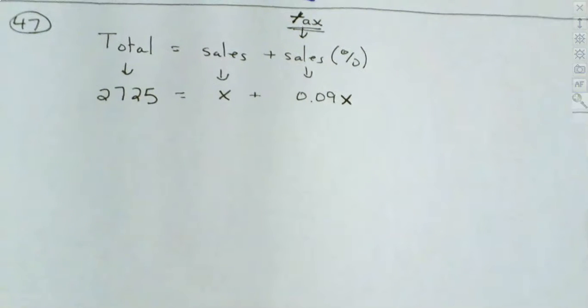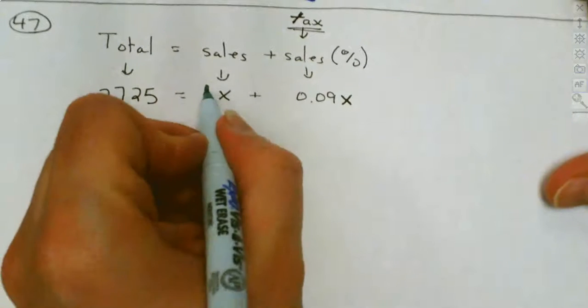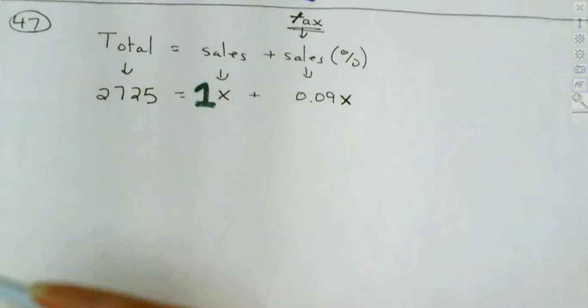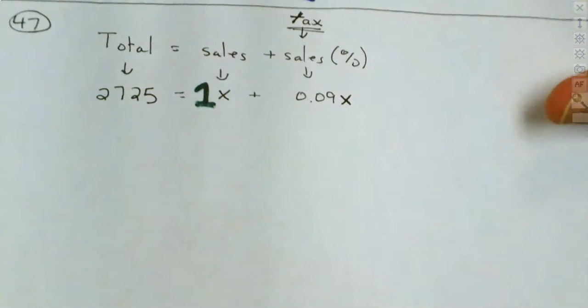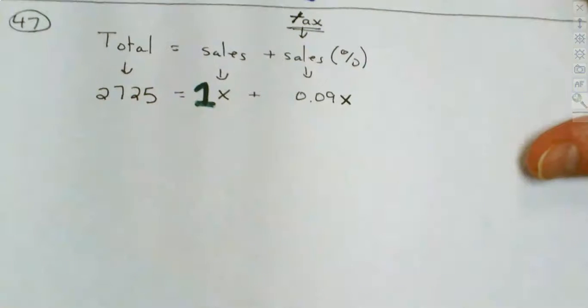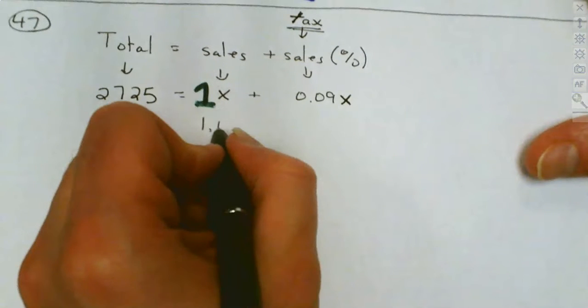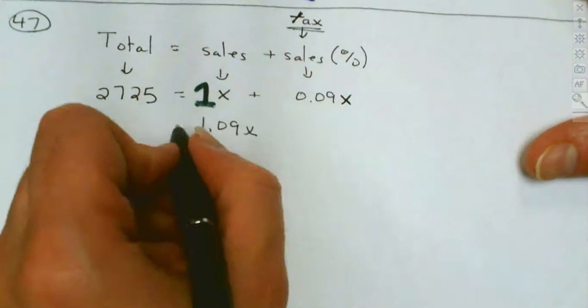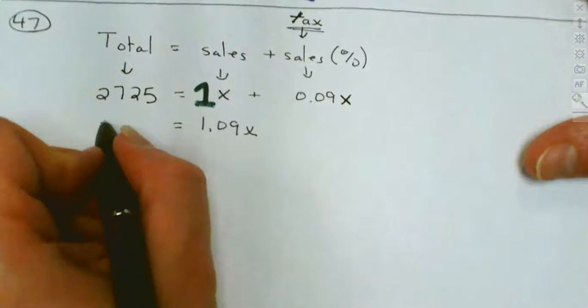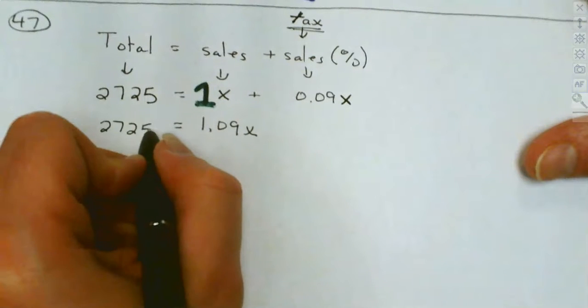Now we can finish it. Be very careful with our decimals. This is going to be a 1 here. When we add those together, we then get 1.09x on the right, and we've got 27.25.